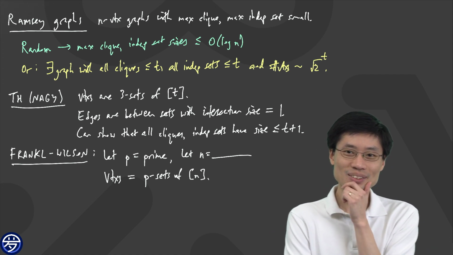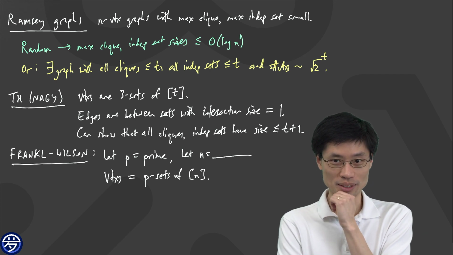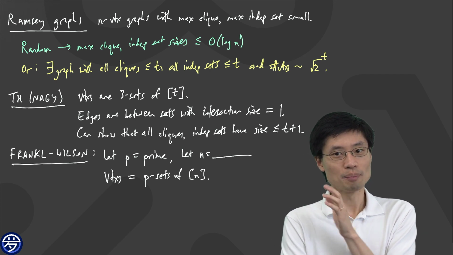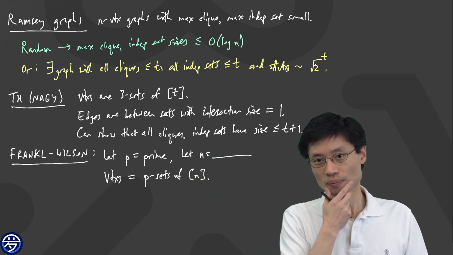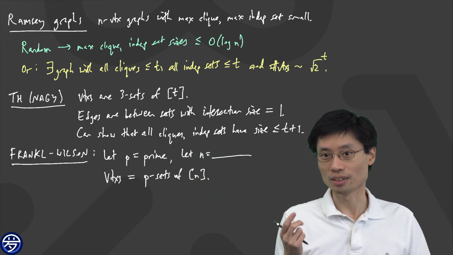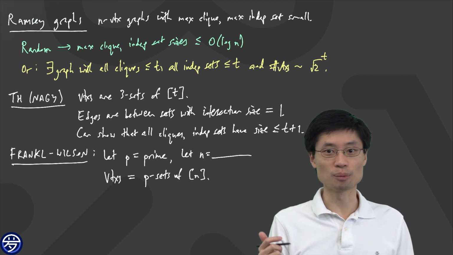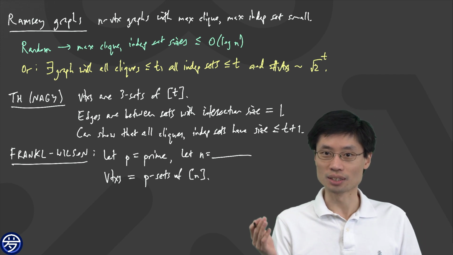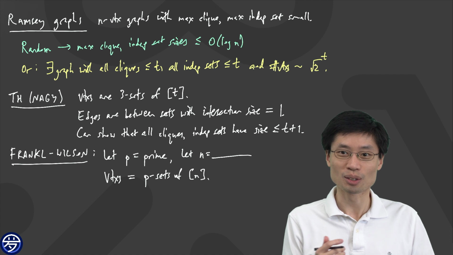Okay, so now here's a question. Because we just learned some stuff about Frankl-Wilson, what might I be able to use for the edges? And the inspiration comes from here. You see, this is also where we're about to find out a good choice of n. So the n, by the way, is not going to be huge. The n's not going to be exponential in p. The n's also not just going to be p. The n's going to be something that depends on p in a certain polynomial way.